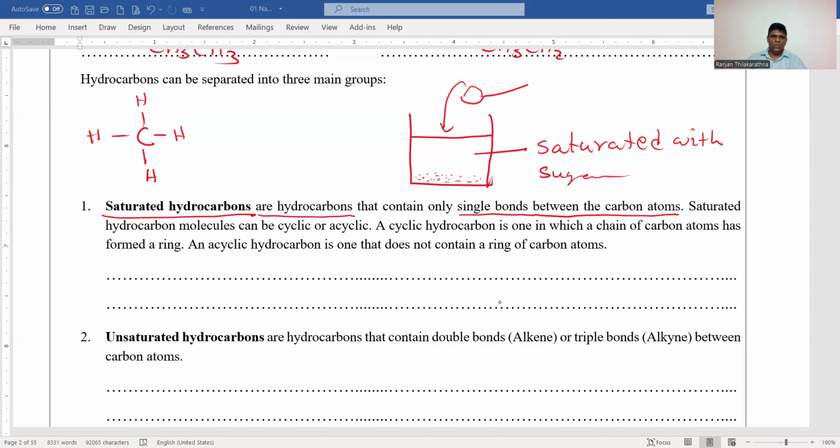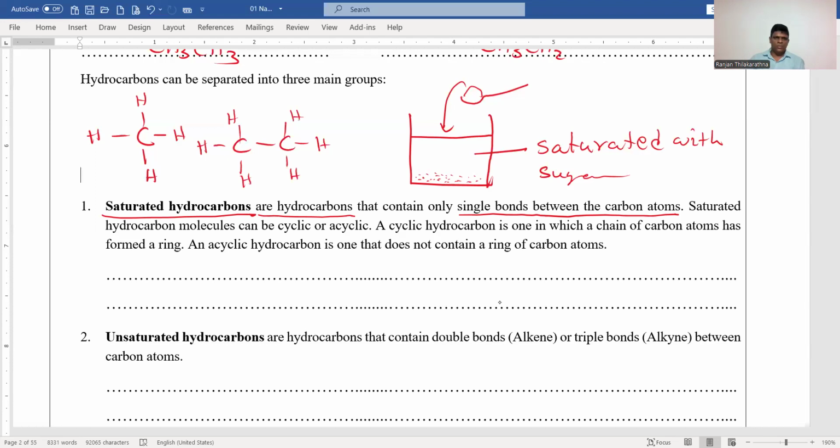No double or triple bonds can be found between the carbon atoms. Then we say it is saturated with hydrogen, and such compounds are known as saturated hydrocarbons. If you have two or more carbon atoms, then only single bonds will be found among the carbon atoms. That means no double or triple bonds.